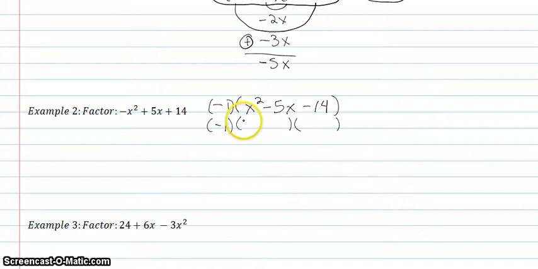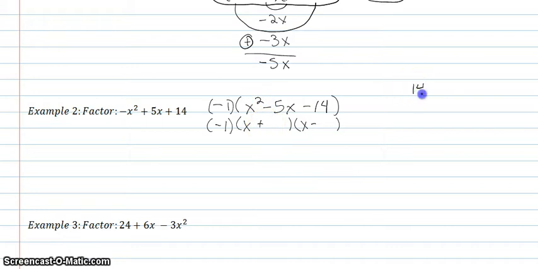Okay, we know that to get x squared, we're going to have an x times an x, so those are going to be in the front. Then this time we have a negative 14, so the negative means that the numbers that multiply together are going to have opposite signs. We're going to have a positive and a negative. Now I need to think of factors of 14 that would have a difference of 5.